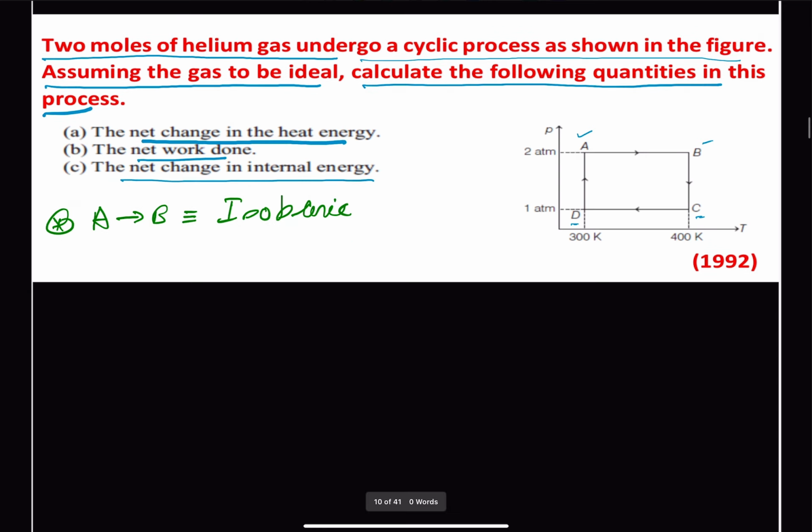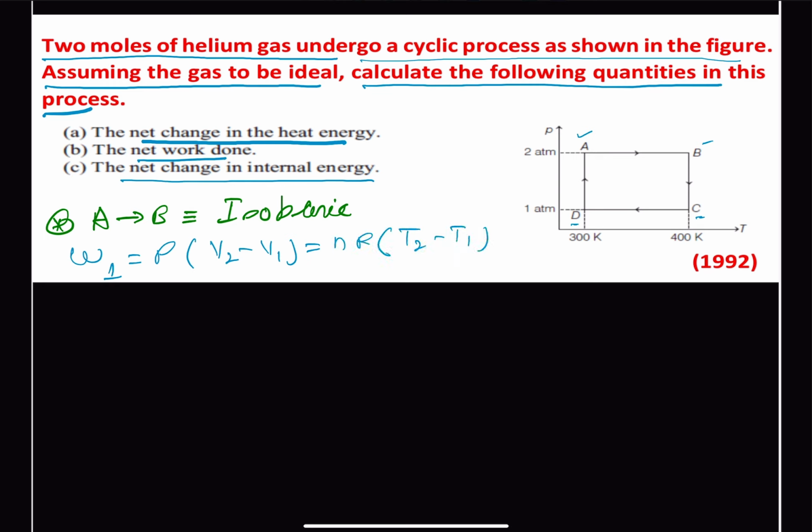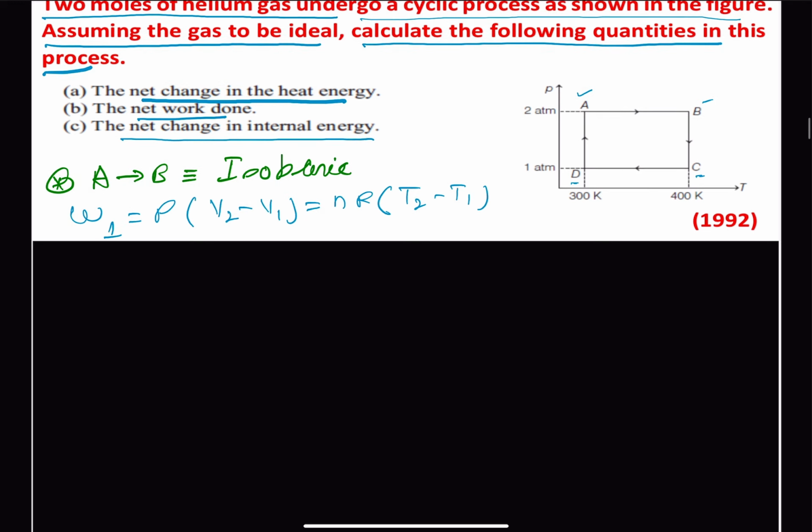And therefore its work done, let us call this W1, will be equal to P(V2 minus V1), or in terms of ideal gas equation we can write this as nR(T2 minus T1), because temperatures are given to us.